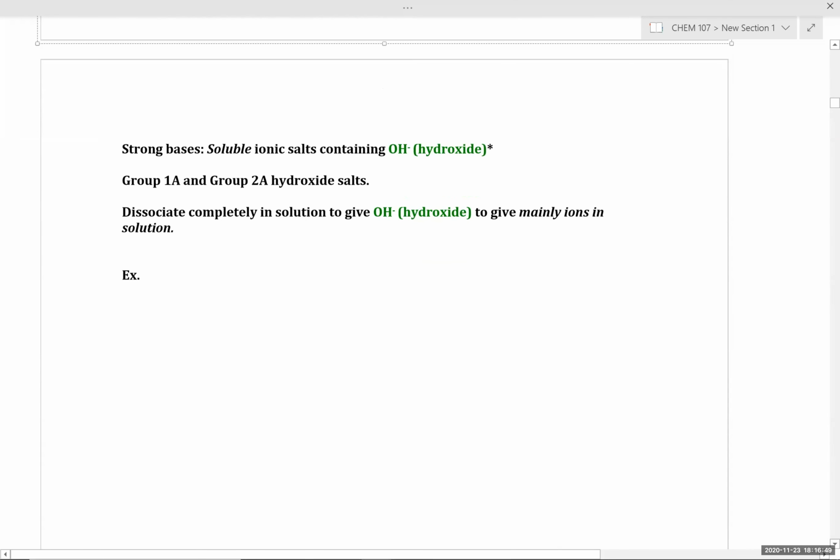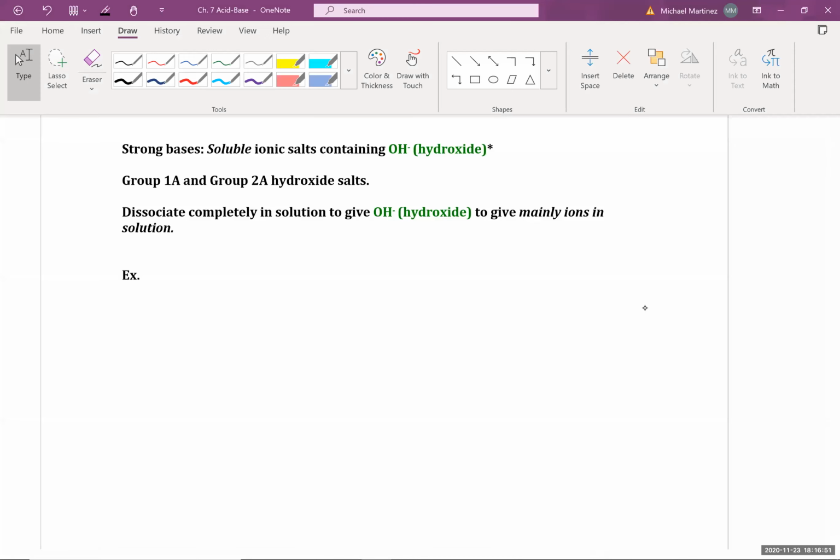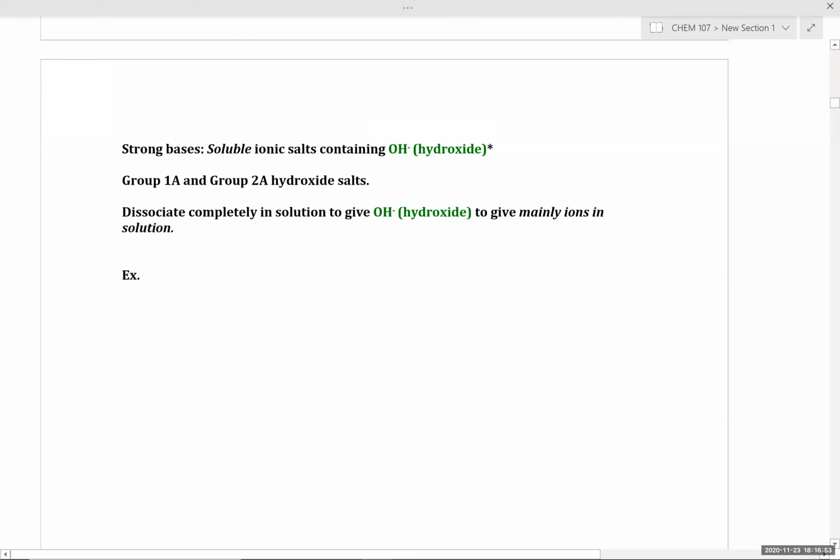So let's talk a little bit about what makes a base a strong base. Your strong bases are soluble ionic salts containing hydroxide. These are typically your group 1A and group 2A hydroxide salts. These strong bases dissociate completely in solution to give hydroxide and mainly spectator ions in solution.